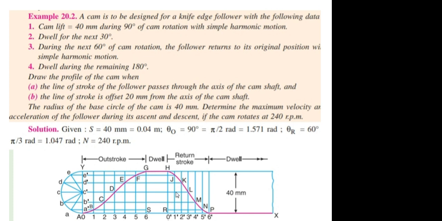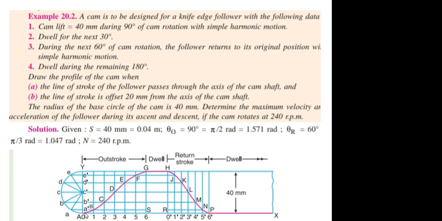Already we have seen how to make the construction when the follower moves with simple harmonic motion. Here it is shown. During outstroke, the follower moves with simple harmonic motion, as well as during return stroke the follower moves with simple harmonic motion. So divide theta O and theta R in equal even parts, like 1, 2, 3, 4, 5, 6 and 0 dash, 1 dash, 2 dash, 3 dash, 4 dash, 5 dash, 6 dash, likewise. Draw the semicircle taking radius equal to S by 2, that is half of the lift, and C dash as a center.